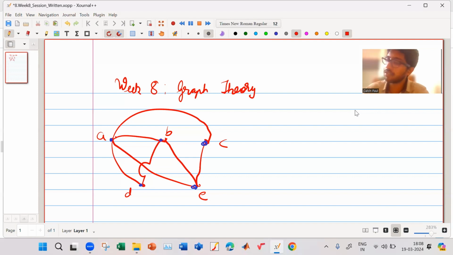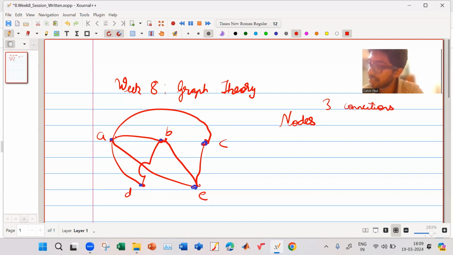So in the graph which we have for electrical networks, we have points, and the points are called nodes. One more thing is that these blue things, which are the nodes which we will consider, should have at least 3 connections.